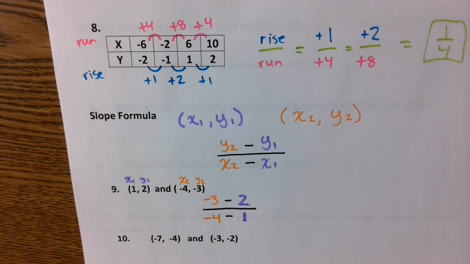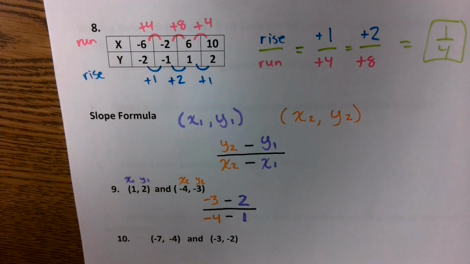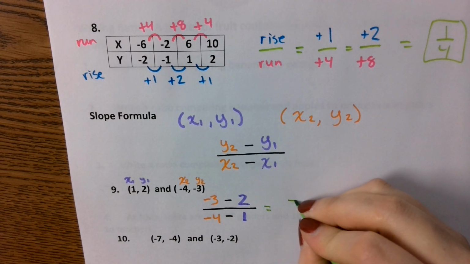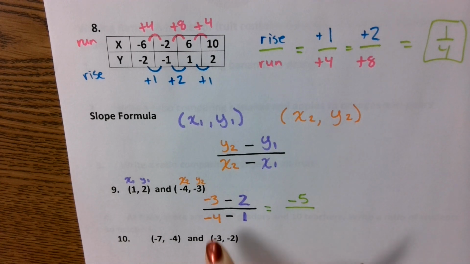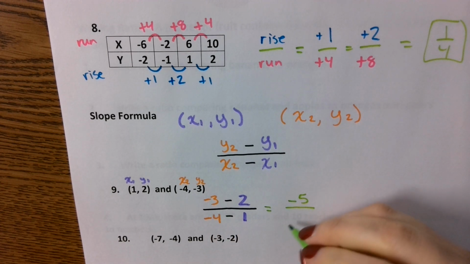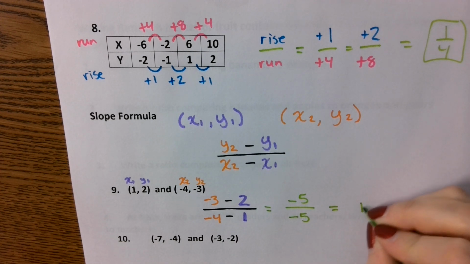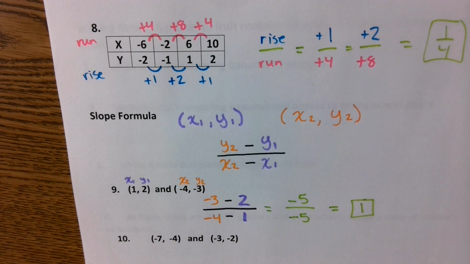So now that I have it positioned and I've filled in all the values in there, I can start subtracting. So I do -3 minus 2, that's going to come out to a -5. When I do -4 minus 1, I get -5. So now I have -5 over -5, that comes out to a +1. So my slope is 1.